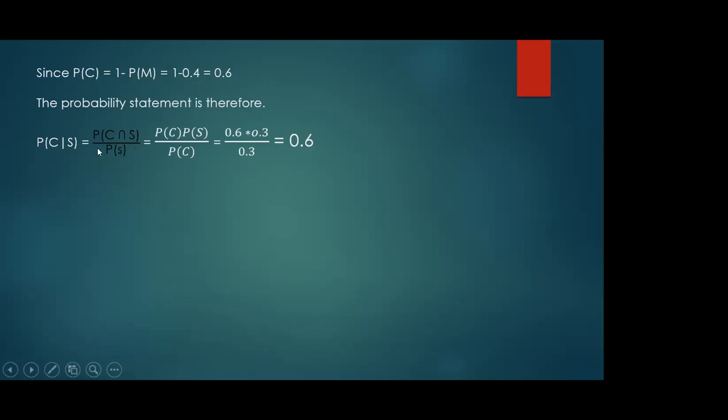We weren't given the probability of C intersect S, so we know we have to solve for it. Remember that these events are independent of each other.